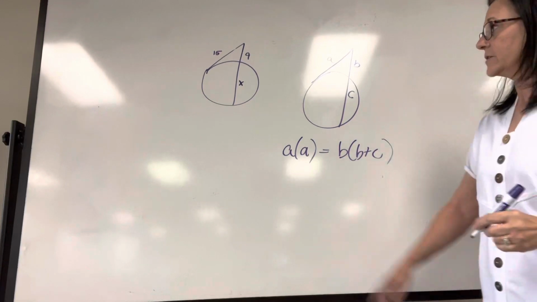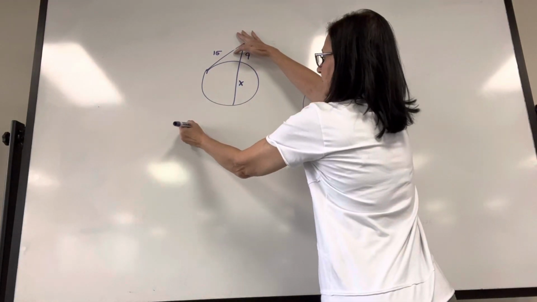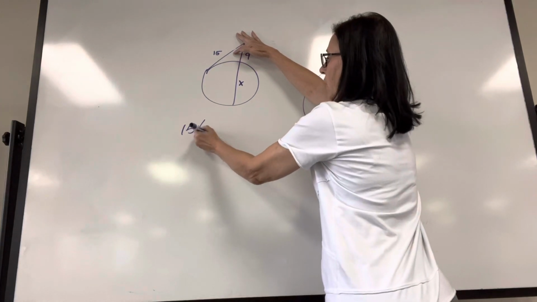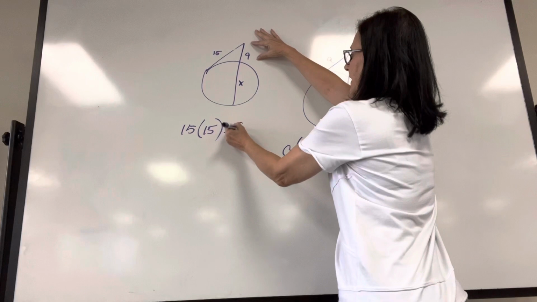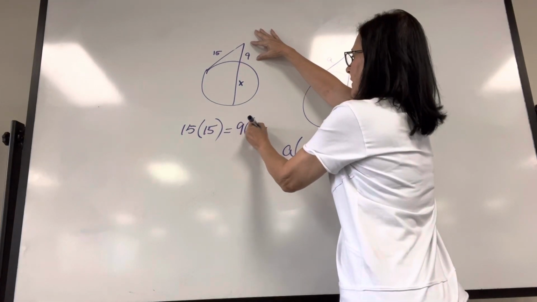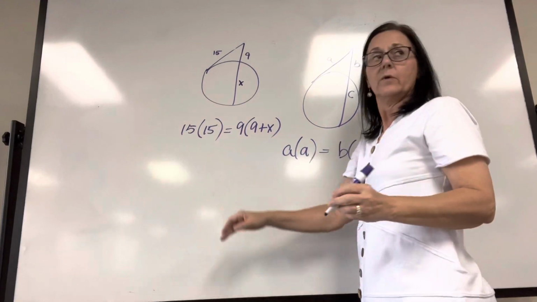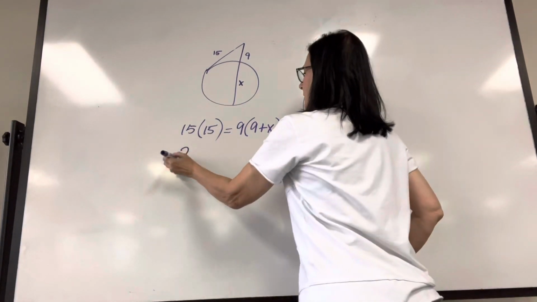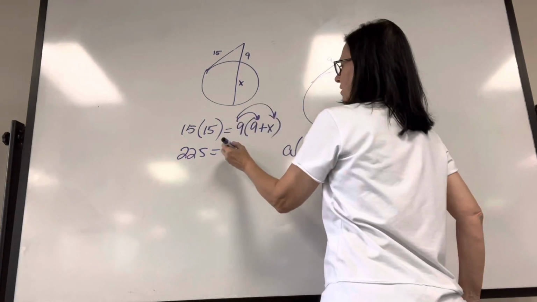All right, so we apply it here. The outside, which is 15, times the length of the whole, which is the same value, equals the outside times the length of the whole. What's 15 times 15? Is that 225? 225. Distribute the 9 to both of those terms.